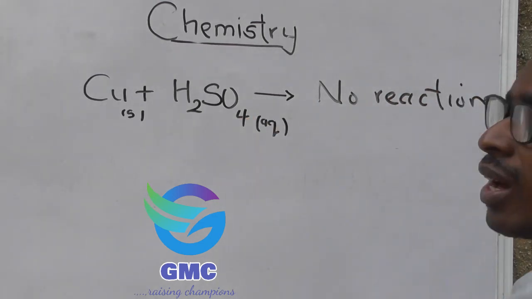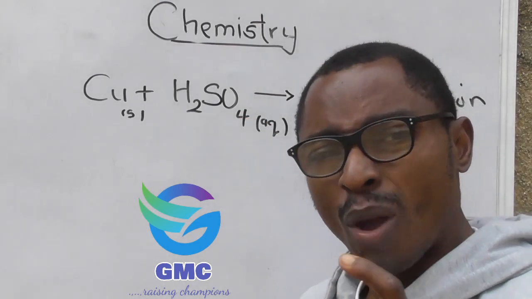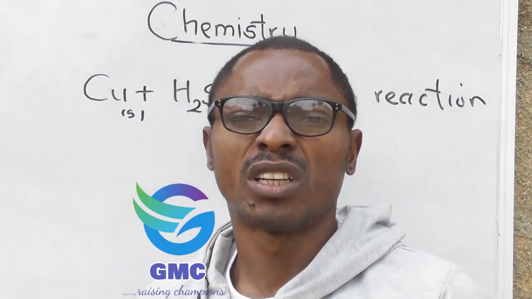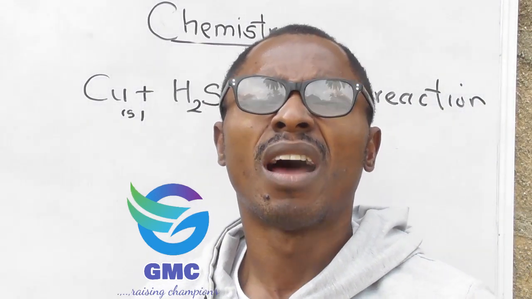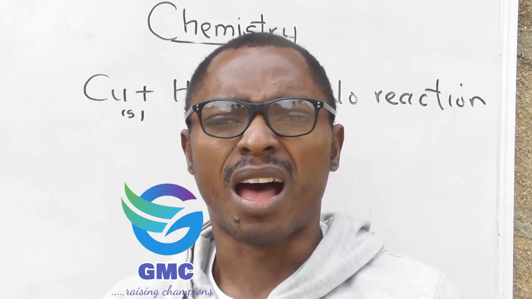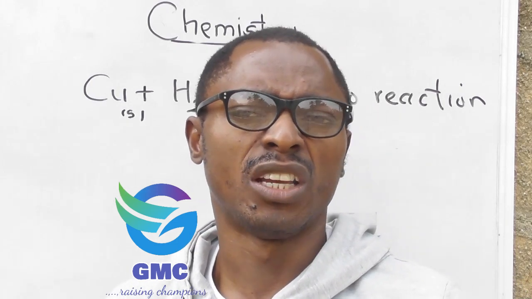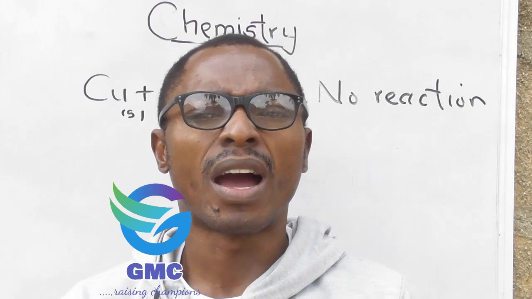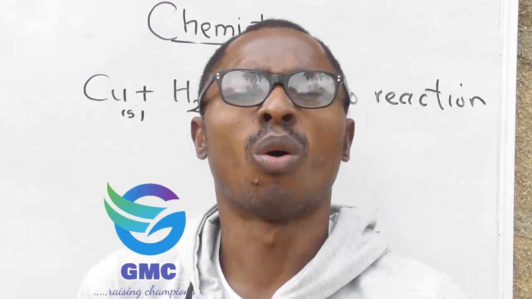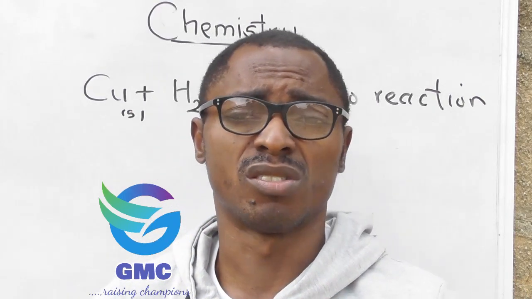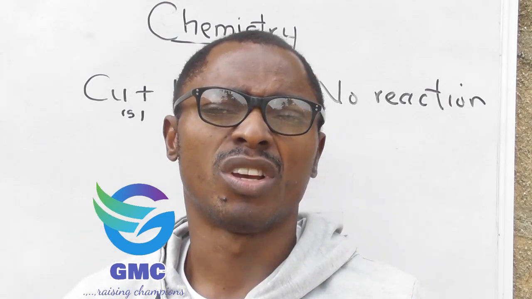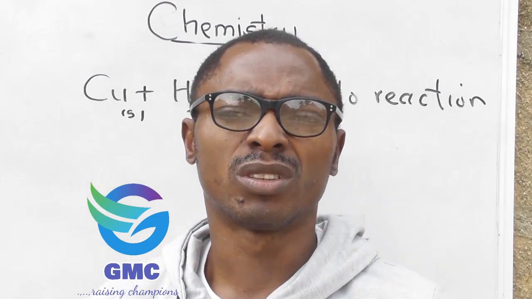It's a dilute acid. However, when the acid is concentrated, such acid acts as an oxidizing agent. Whether the metal is above hydrogen in the electropositive series or below hydrogen in the electropositive series, there will be a reaction, and that reaction is termed a redox reaction.